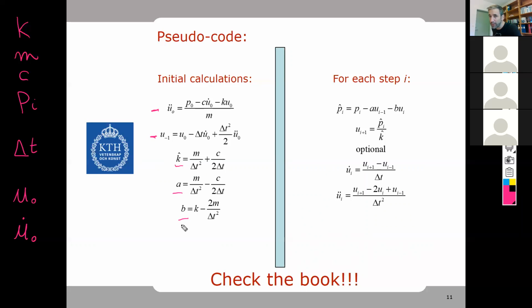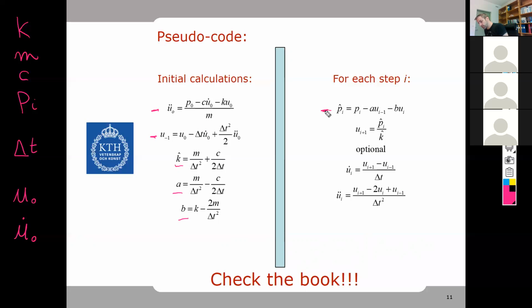They have some meaning in physical terms, but they're not very important. But what's important is that they're constant, okay? For a given structure, these three values, K hat, A, and B, are constant. They don't change. So we calculate them only once. And once we have calculated them, then we proceed to perform these two calculations, which we do time and time again.